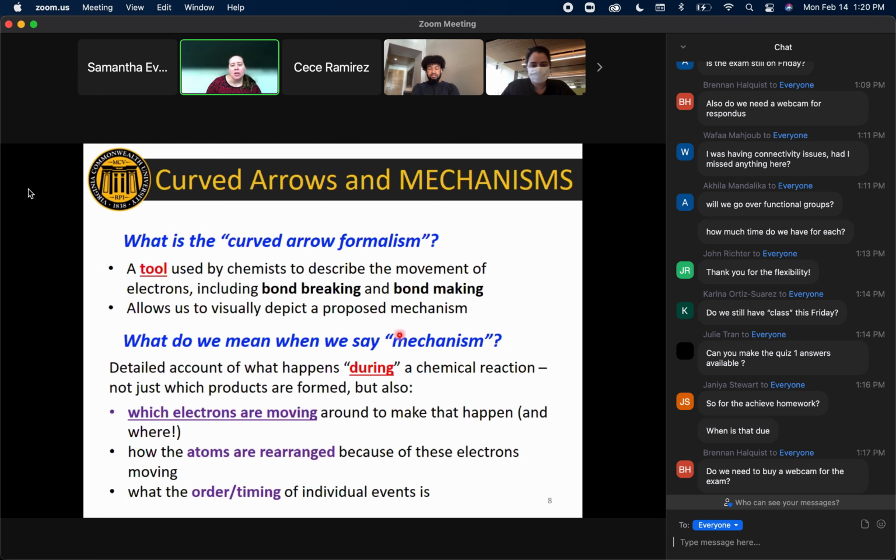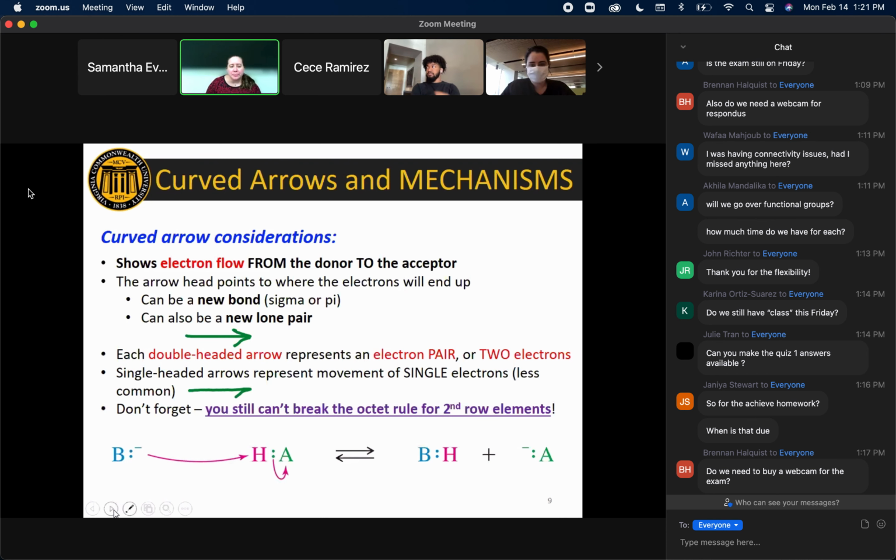Because we want to know everything about where the electrons are and where they're moving to, the curved arrows are how we illustrate this. We'll learn more about mechanisms as we go through the different chapters, but for this chapter, the goal is to really understand the arrows and what the arrows mean.